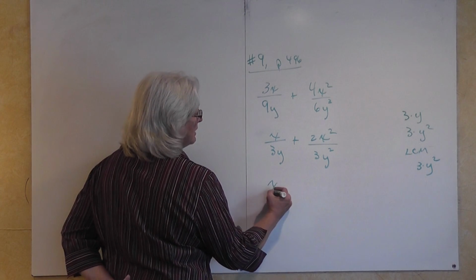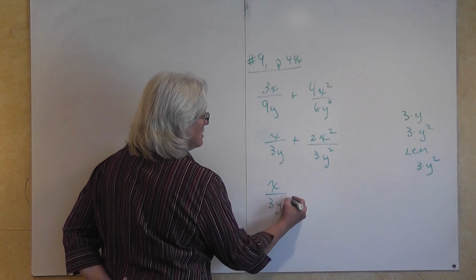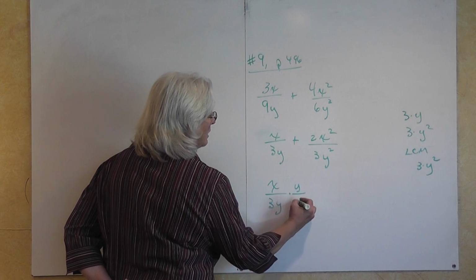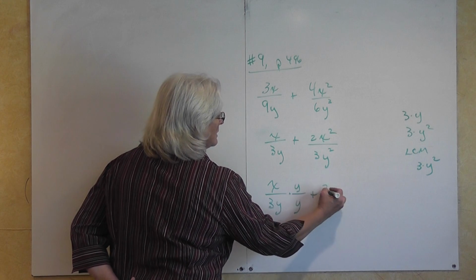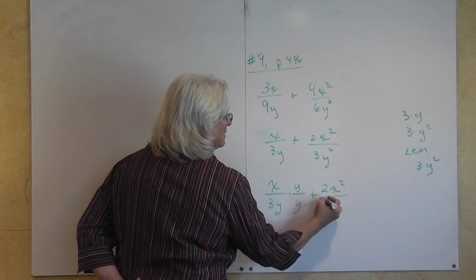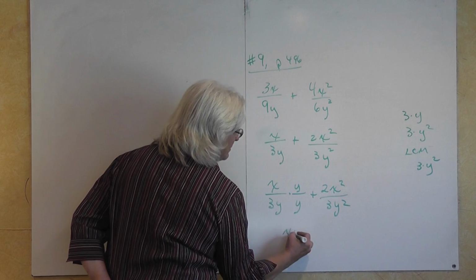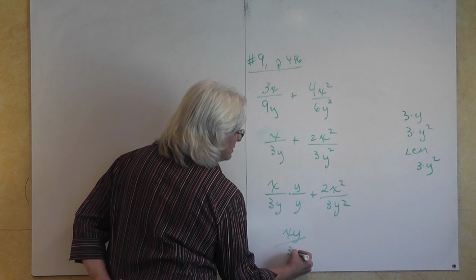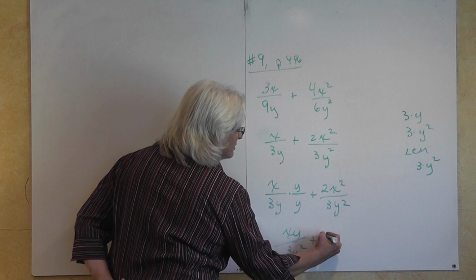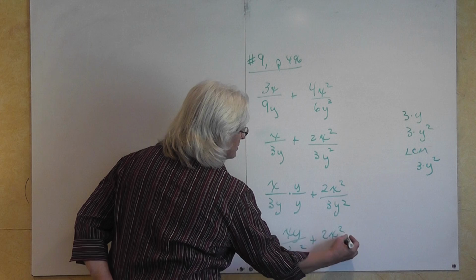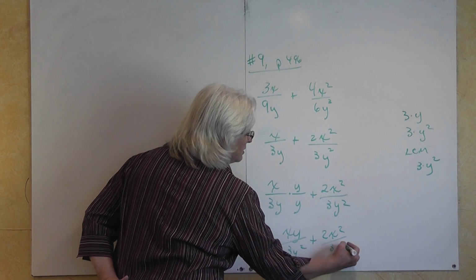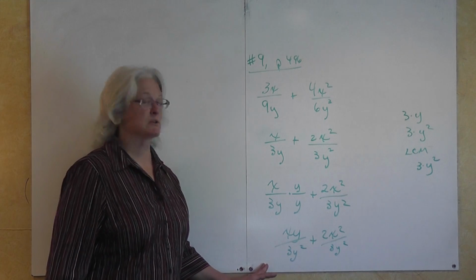So we're going to multiply the first term by y over y so that we end up with both of these expressions having the same denominator. So we have xy over 3y squared plus 2x squared over 3y squared.